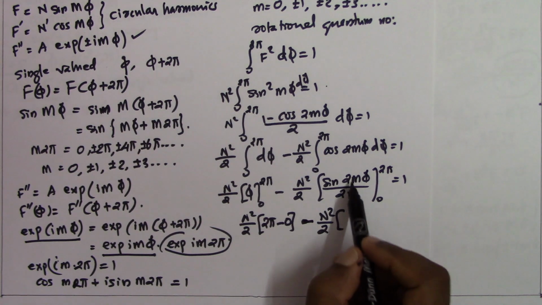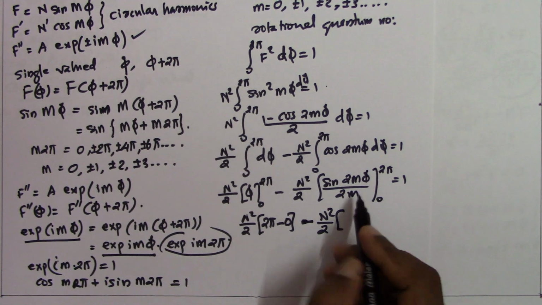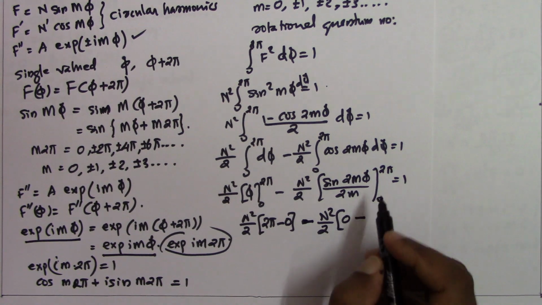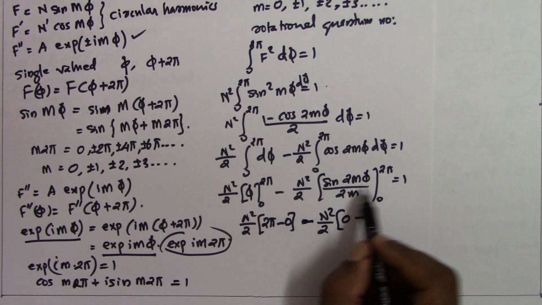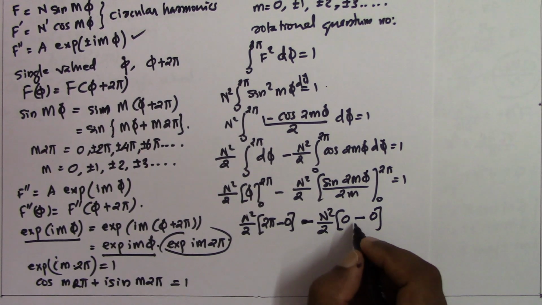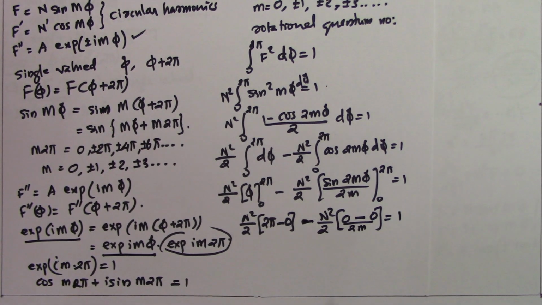So for any value of m, sin 2mφ will be 0 when φ is equal to 2π. Therefore, we can write 0 minus sin 0 when φ is equal to 0. Obviously, it will be 0. That is also 0, divided by 2m. Okay, that is equal to 1.